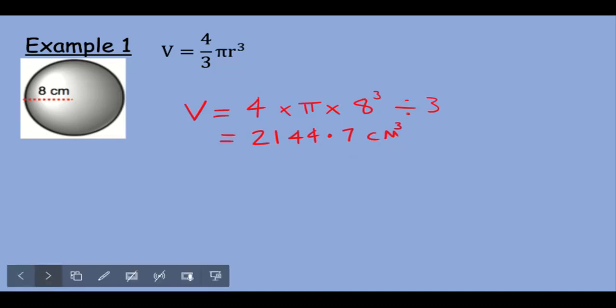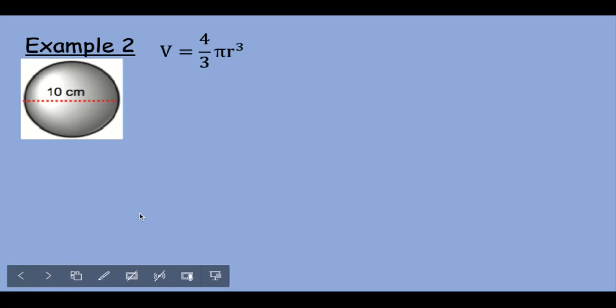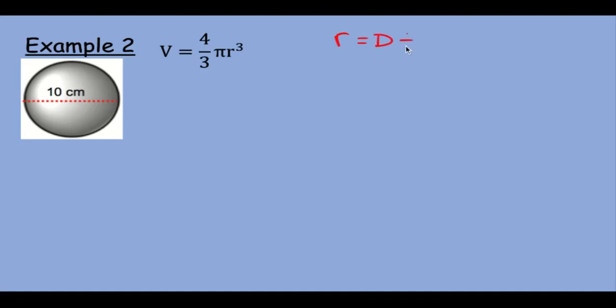So let's have a look at the next example. So we've got a diameter now of 10 centimeters and we want the radius. So radius is obviously the diameter divided by 2.